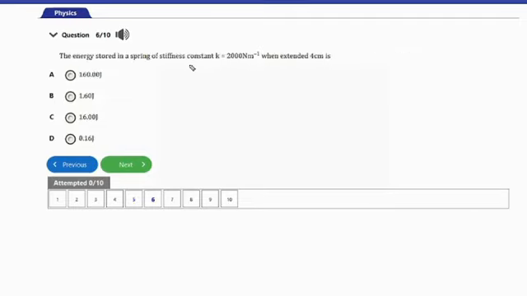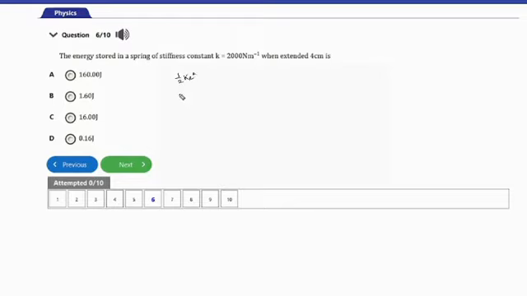So the next question we have here is question number 6. It says, the energy stored in a spring of stiffness constant K of 2000 Newton per meter when extended 4 cm is. So guys, in order for us to calculate this, we are still going to use half kx squared.